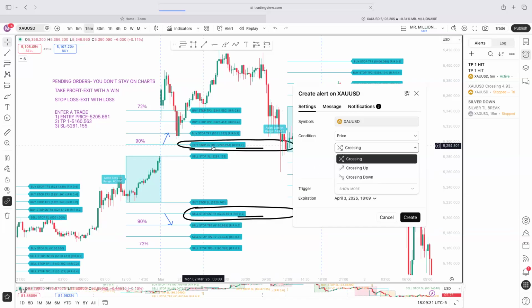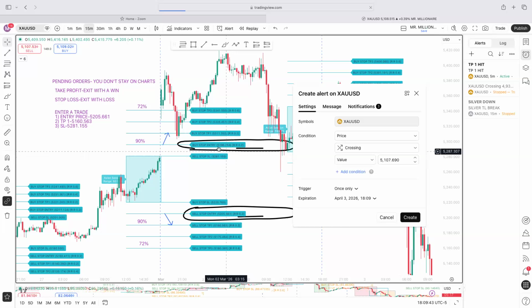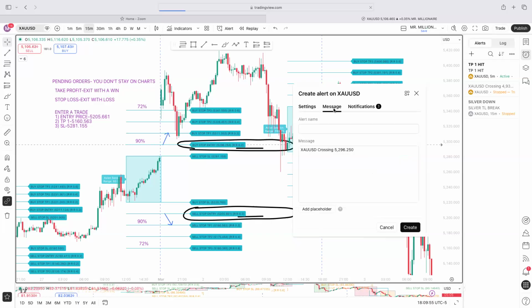So with the buy stop entry at 5296.25, I can tell the market when this is crossed at this number, 5296.25, let me know. You can even put a message on there and say, gold up. And then the message, gold up.